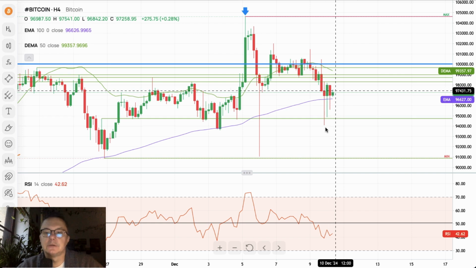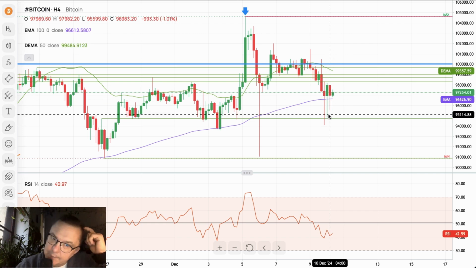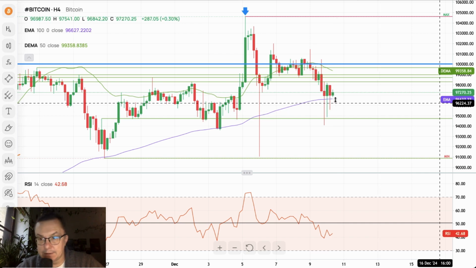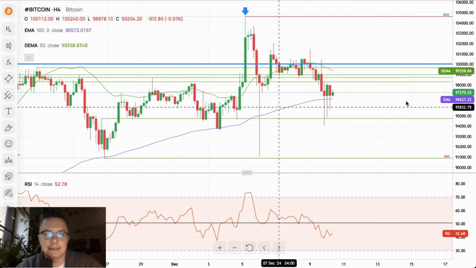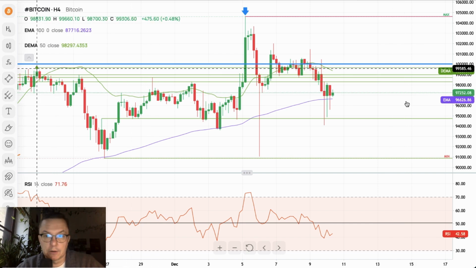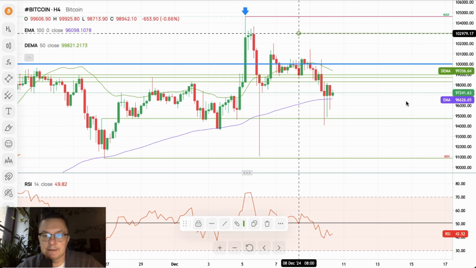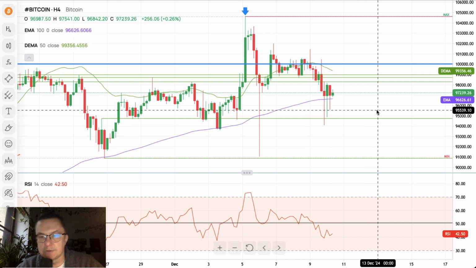The bulls are trying, of course, to sustain the momentum and stop the sell-offs here, stop the movement to the downside, but the market is barely back towards $98,000, right? So these days it doesn't actually look like either bulls or bears have the advantage on the market.